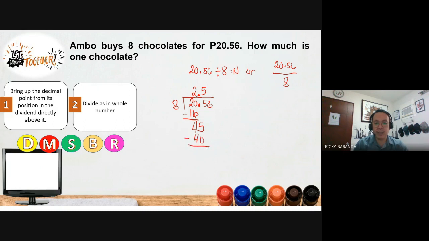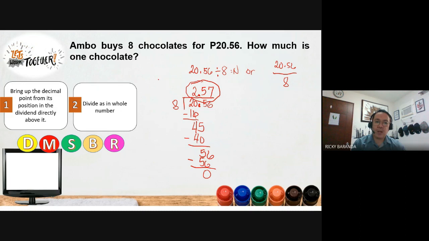Then subtract. 45 minus 40 is 5. Then bring down the next digit. 56, so repeat, 56 divided by 8 is equal to 7. 7 times 8 is equal to 56. Then subtract 0. So kapag 0 na, ibig sabihin, ito na yung final answer natin, 2.57.